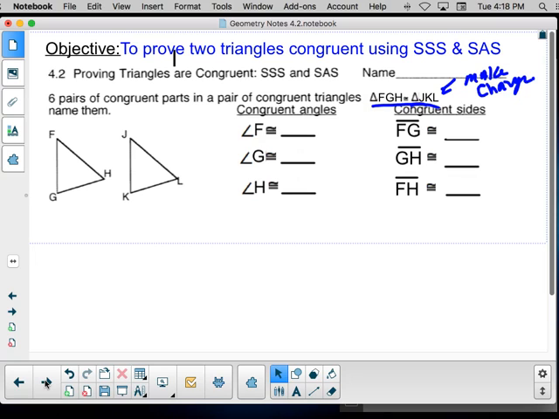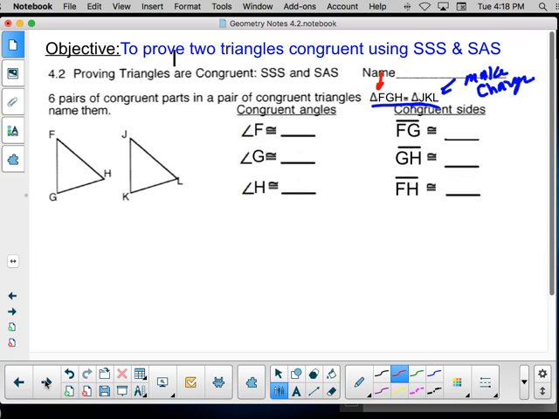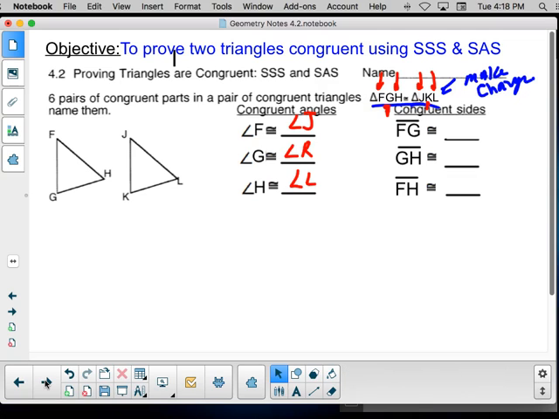Now, welcome back. I hope this went well. Remember, order matters. F was first, J is angle J. Okay. G is next, K is next, angle K. H is last, L is last, angle L. Now, based on those, I'm going to totally use those to help me get my segments. FG, FG, JK.